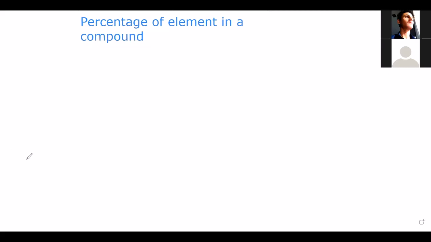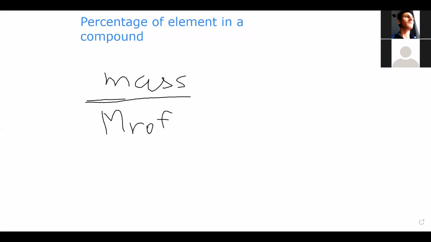The formula for this is the mass of the element in the compound upon the MR of the compound into 100.